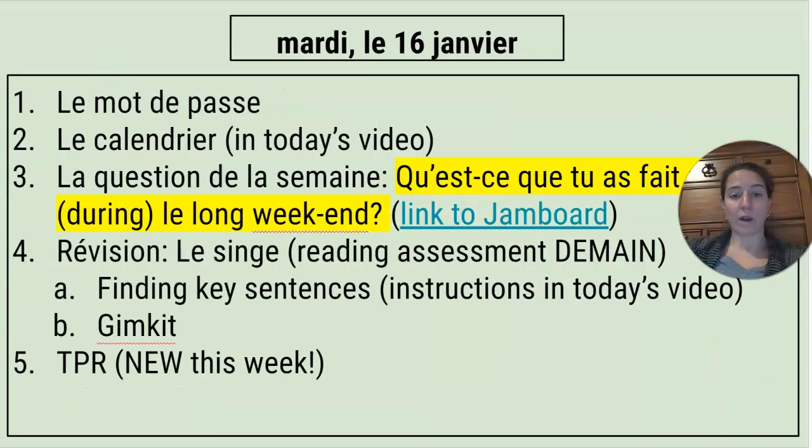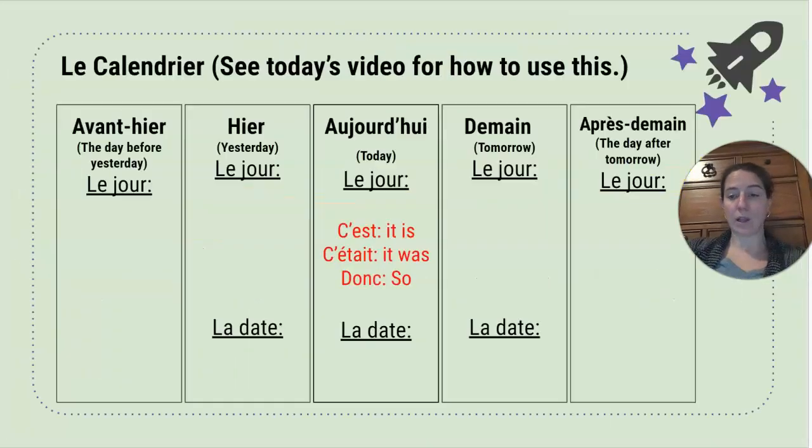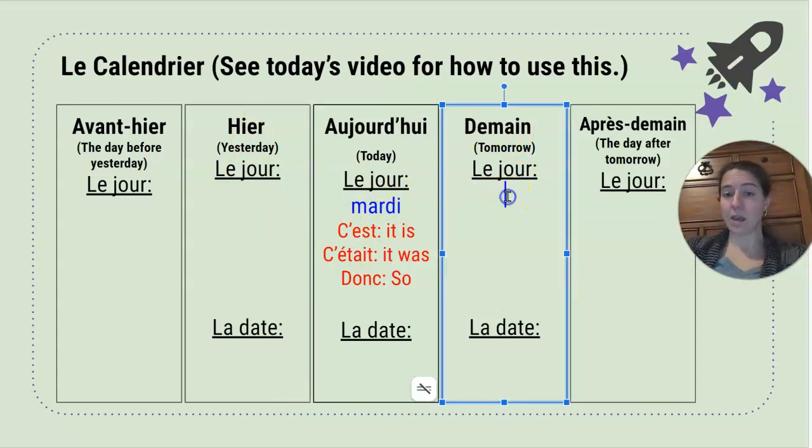On va regarder le calendrier. Aujourd'hui, c'est what jour? C'est quel jour? Aujourd'hui, c'est mardi. Mardi, donc demain, c'est mercredi.